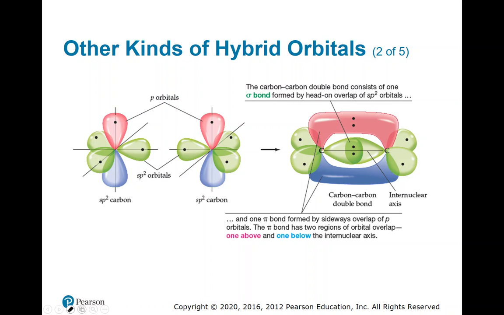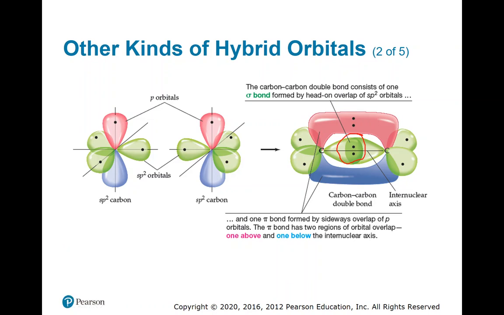Now we're going to form a sigma bond by overlapping one hybrid orbital on one carbon with another hybrid orbital on the other carbon. So for instance, these two orbitals right here. Those directly overlap, giving us a sigma bond, and you can see that sigma bond right here in between those two carbon atoms.